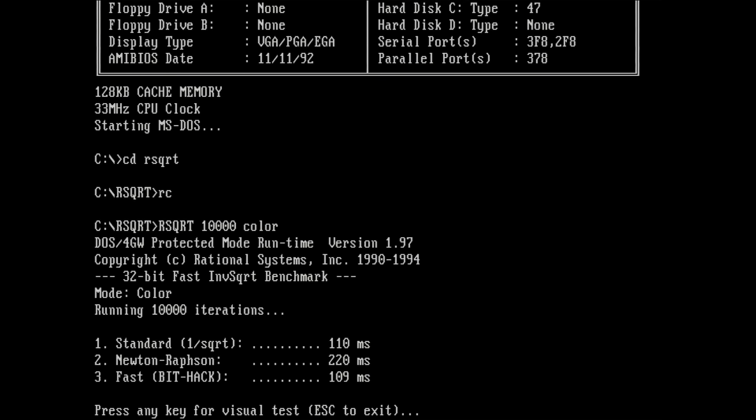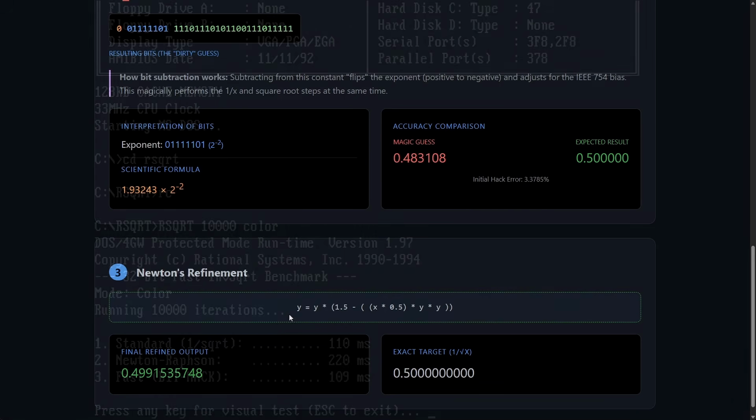Okay. Whoa. Now, because we have a floating point unit, instead of 5 seconds we need 110 milliseconds. So there's a huge difference, and even the Newton refinement got a huge performance boost. That is weird, right? Well, technically no, because there are still some floating point operations in those equations.